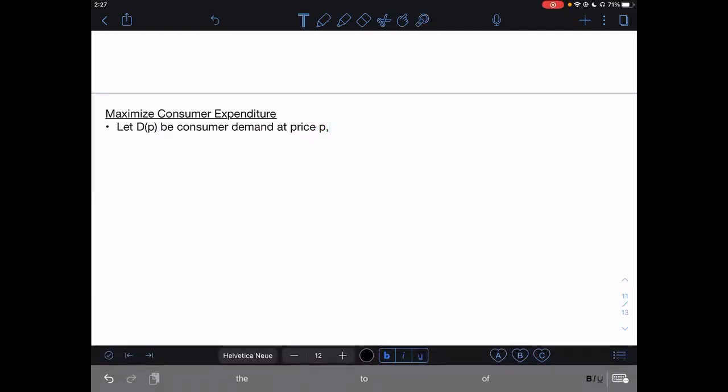Well, if D of P is our consumer demand function, then the consumer expenditure function is defined as follows. Let me capitalize this, just to emphasize that we're focusing on this type of function.